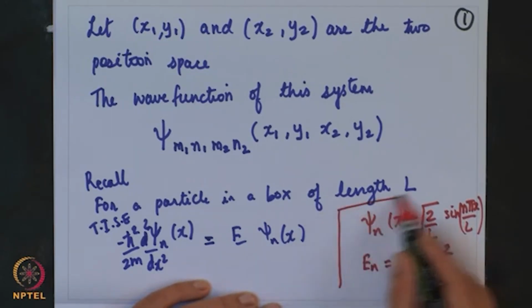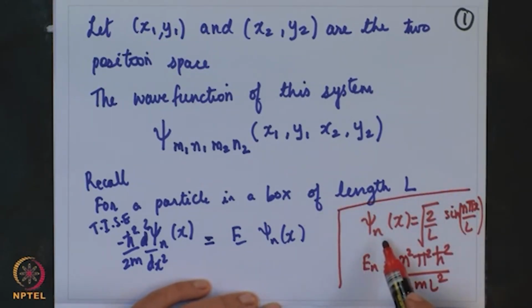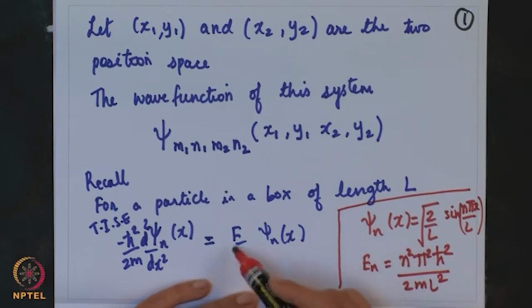So, psi n is the solution of this equation and En is the corresponding energy.